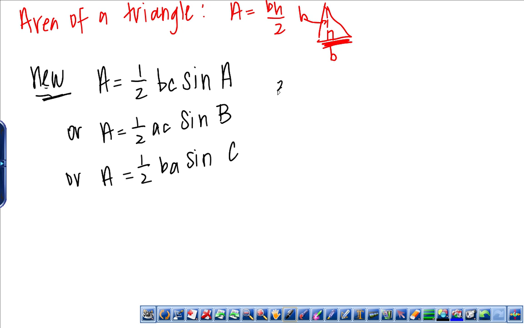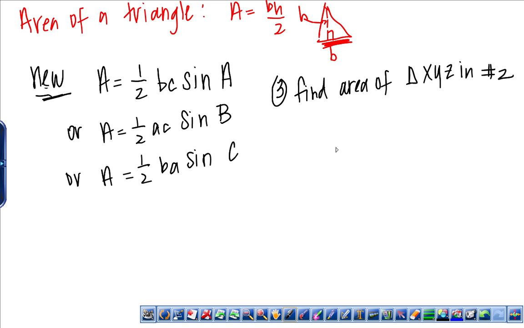My last problem, what I want to do is find the area of triangle XYZ in problem number 2. You can pick any angle.